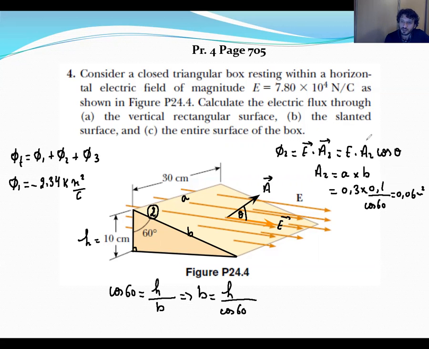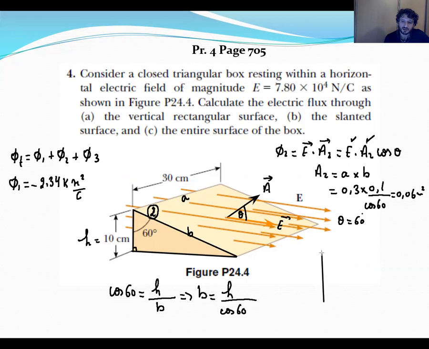Okay, we have A2 and we have E, and we have to find theta. Theta here equals 60. Why? Let's take a vertical plane.